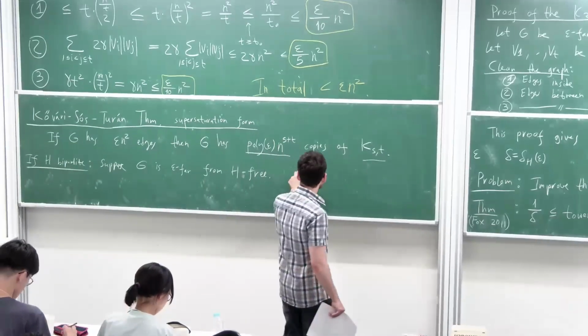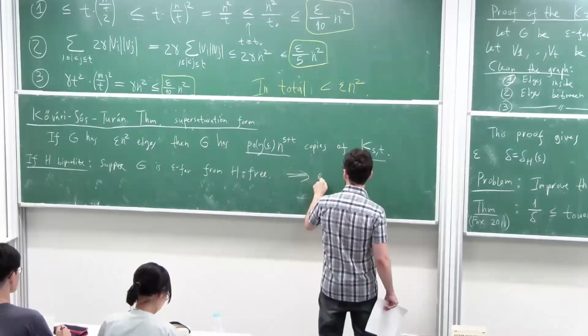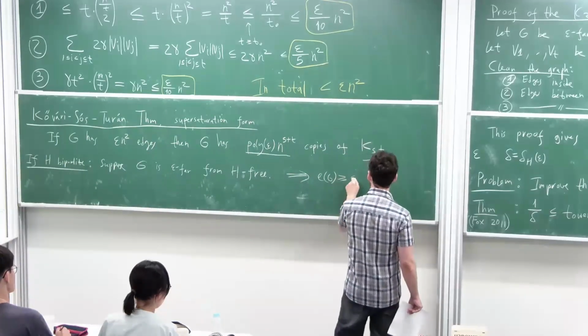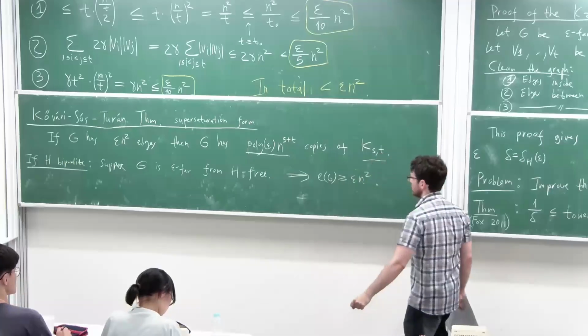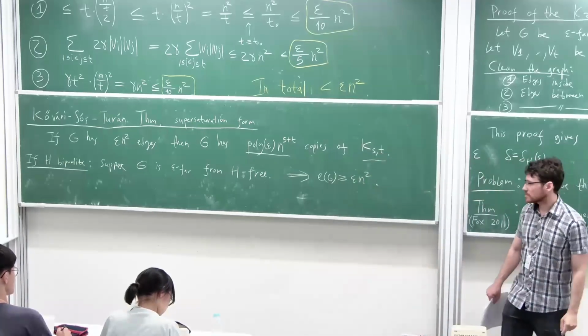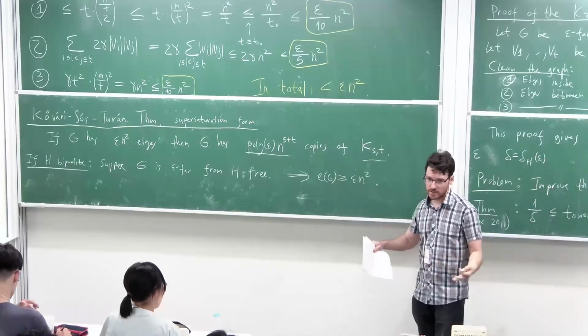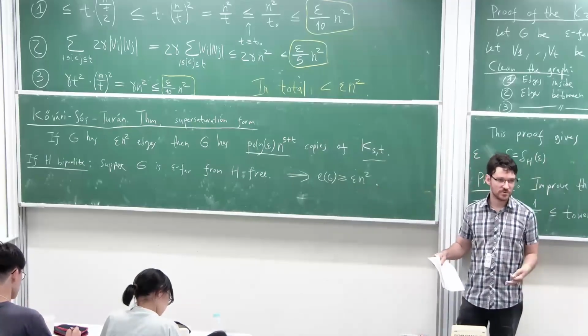Then in particular the number of edges is at least epsilon n squared. This is a trivial implication, because if we had fewer edges, we could just delete all of them, and there would be no copies.